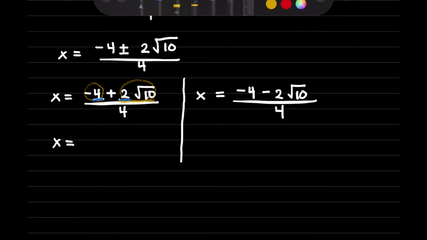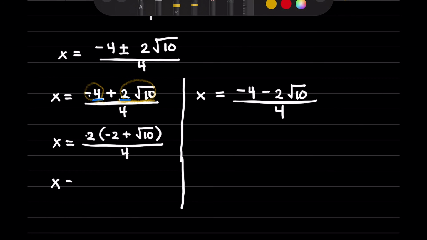Meron ba silang common factor na pwede mag-divide sa kanila? Yes, meron. And that is 2. So, factor out natin yung 2. So, negative 4, i-divide natin siya ng 2. That's negative 2. Plus, 2 square root of 10 divided by 2, that is 1 square root of 10. Or simply square root of 10 lang. All over 4.